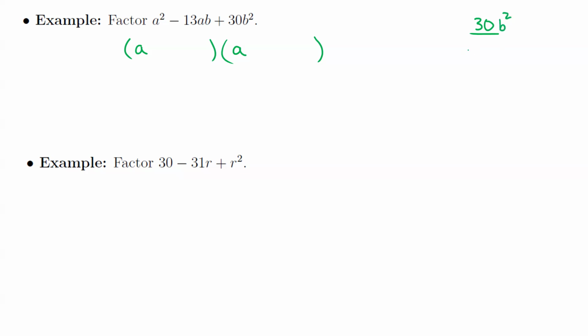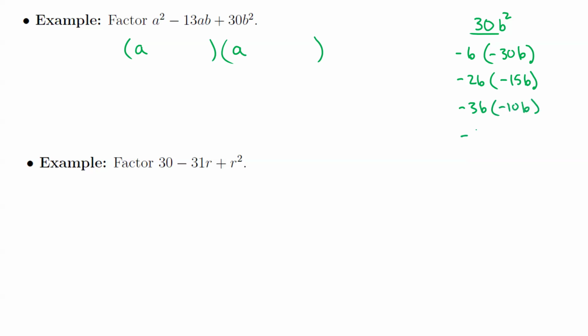So that means when you list things, you're going to list things like b and 30b to make 30b squared. But let's be clear that because this term here is a negative, it would have to be -b and -30b, right? -2b and -15b, -3b, -10b.